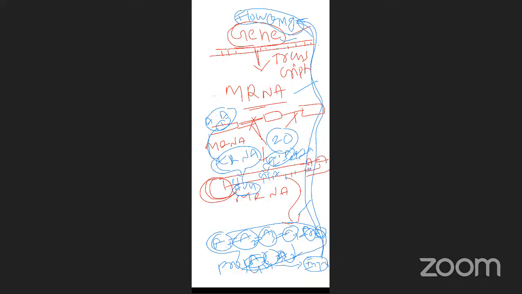Is the concept of gene regulation and expression clear? That means the protein synthesis process and how they express the character, when and how they express. Please respond. Yes, sir. When and how they express also, that's what I am asking you.